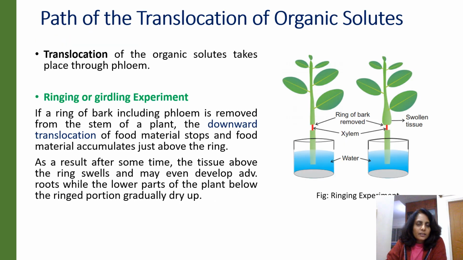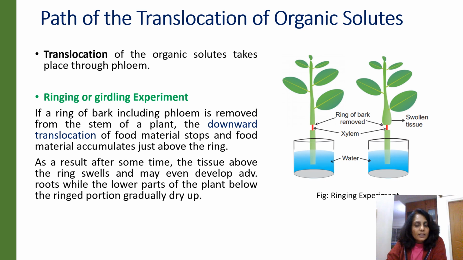To show that translocation of solutes takes place through the phloem, a simple experiment called the ringing or girdling experiment can be demonstrated. A potted plant is taken, and a part of the bark of the stem along with the phloem tissue is removed, keeping the upper region foliated, and we can defoliate the lower part of the stem.